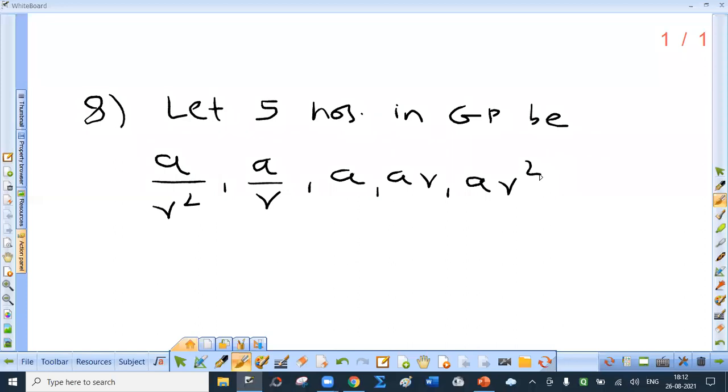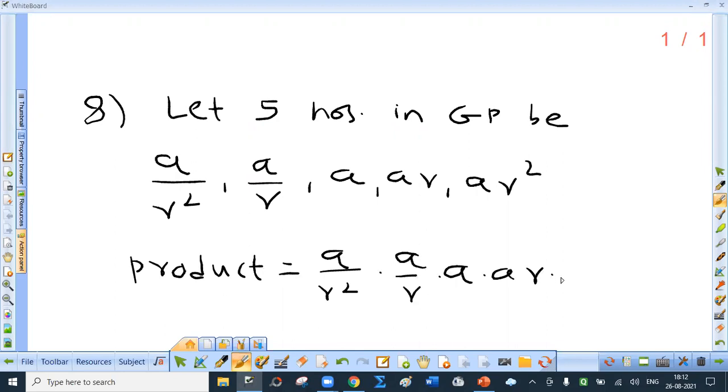Write it down. Product is A upon R square into A upon R into A into AR into AR square, which is given to be 1024.